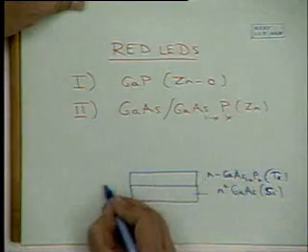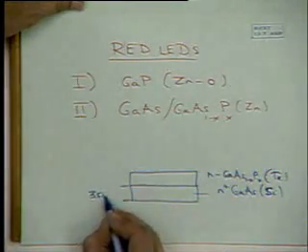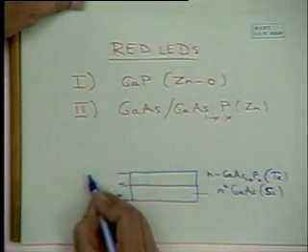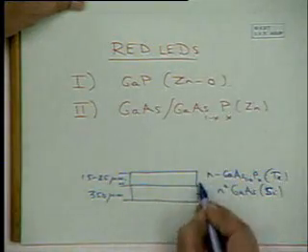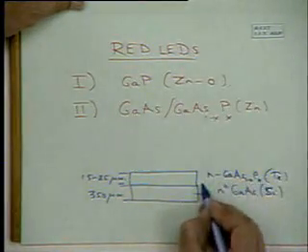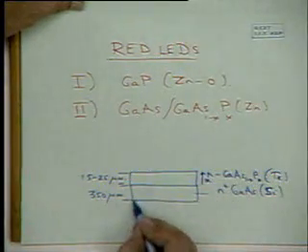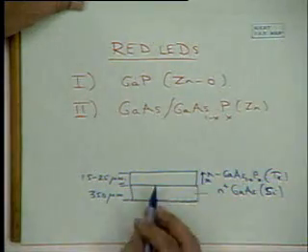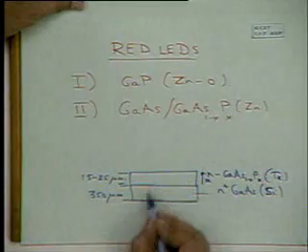Here the substrate thickness may be 350 microns. The graded layer thickness may be something like 15 to 25 microns. Here, this X is increasing. This is to avoid lattice mismatch, so the dislocations in this will be limited to near the interface.